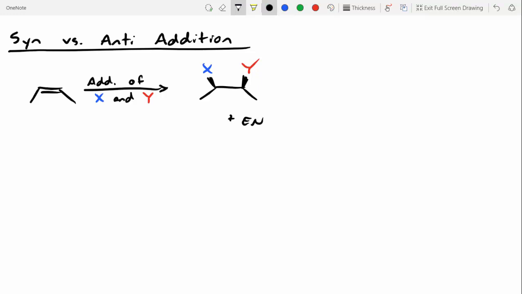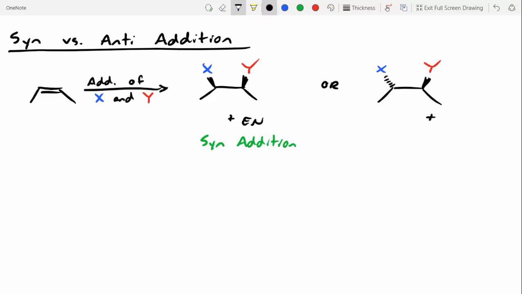Would this be syn or anti-addition? Syn addition. Or we could have it where they install on different faces. So we could have Y, for example, as a wedge and X as a dash.